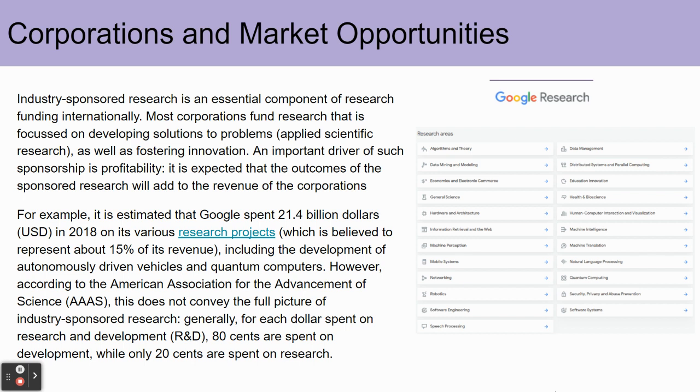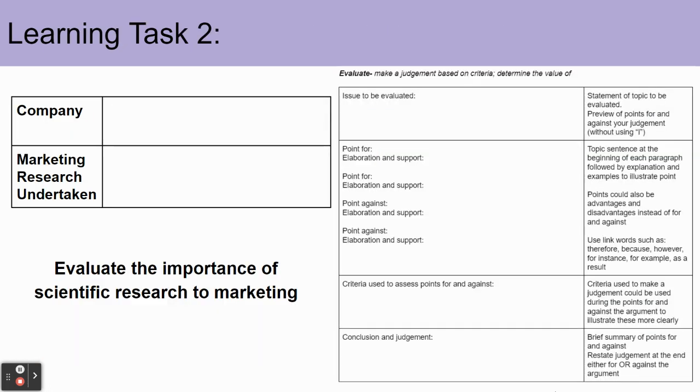However, they think that might not be the full picture of their research. And we see here the first discussion on the idea of research and development. While they fund research, 80 cents in the dollar is spent on development, whereas 20 cents is spent on research. So quite a different few ideas there.